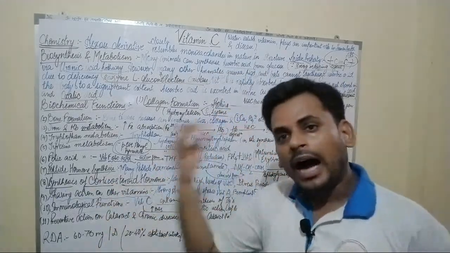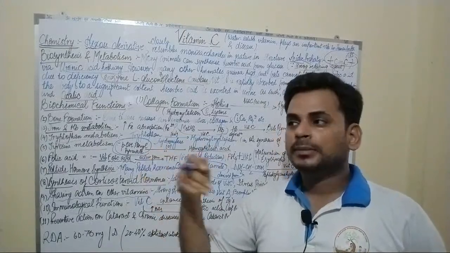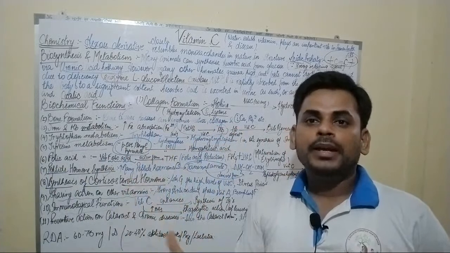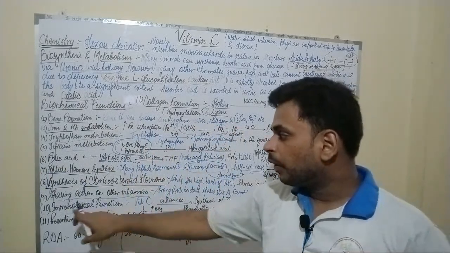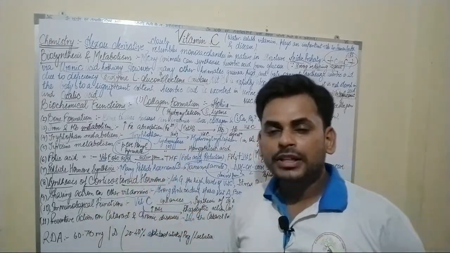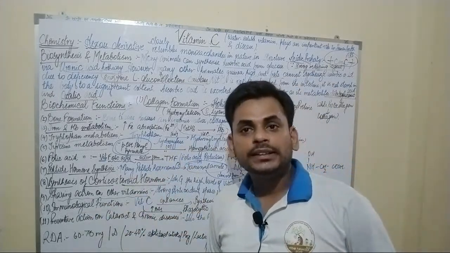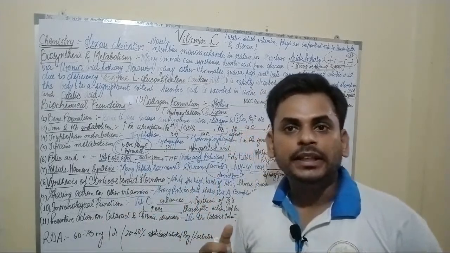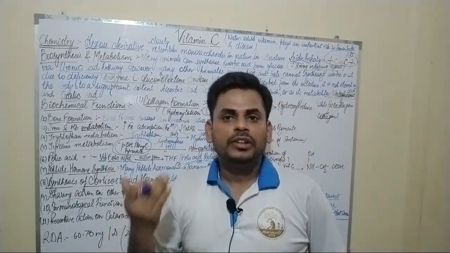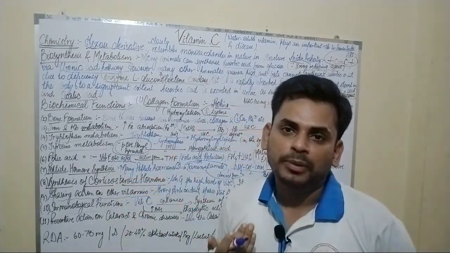Nowadays in India, particularly, people are making vitamin C in hot water and drinking it. The immunological function associated with vitamin C is that it is involved in the synthesis of a large number of antibodies or immunoglobulins.